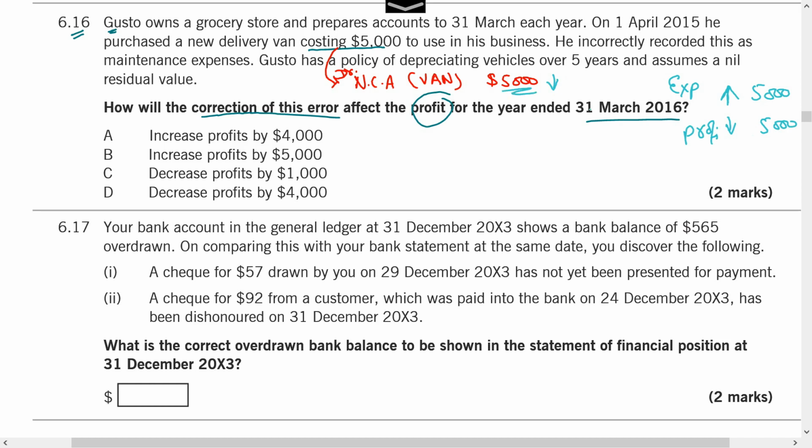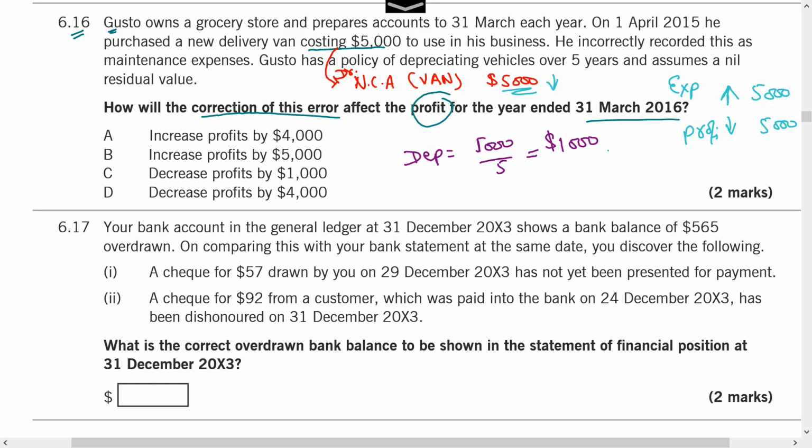G has a policy of depreciating vehicles over 5 years, assuming a nil residual value. So that means if we want to calculate depreciation, then it will be 5,000 divided by 5, and we will have 1,000 depreciation for each year.